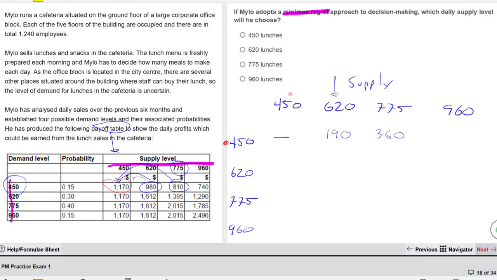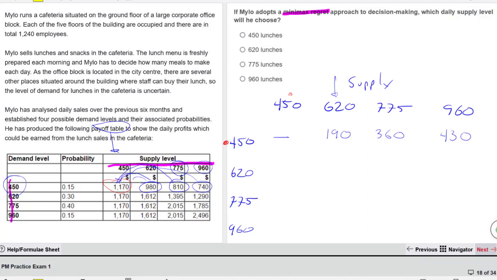Last but not least, if I produce and sell the 960, I only earn 740 profit. And if the demand is 450, I could have earned more, but I didn't from making a bad decision. The opportunity cost of that decision, 430. Guys, that is how it works.